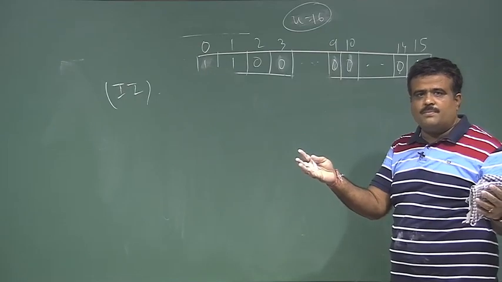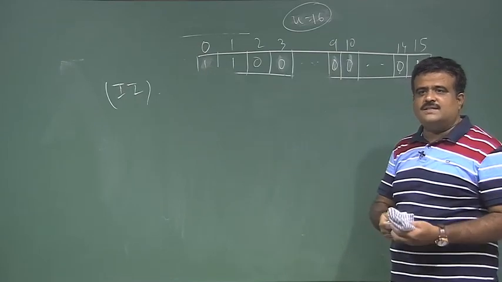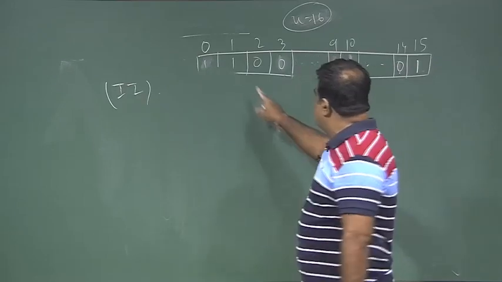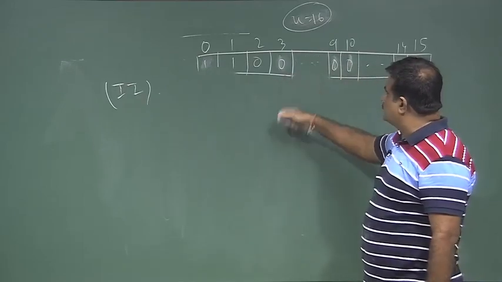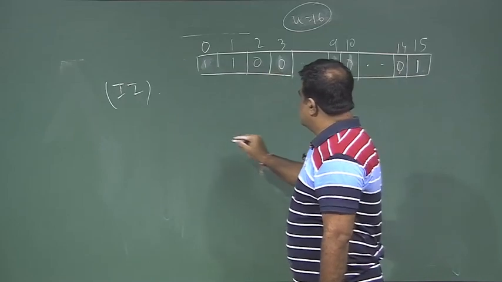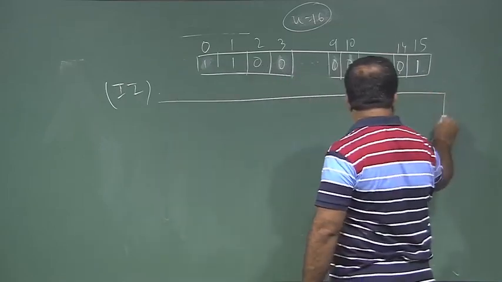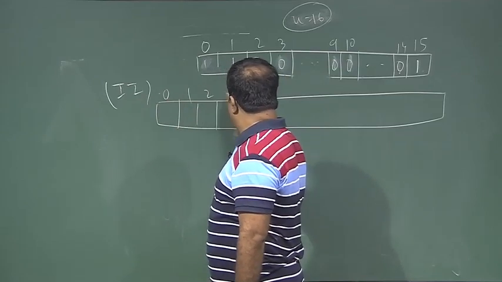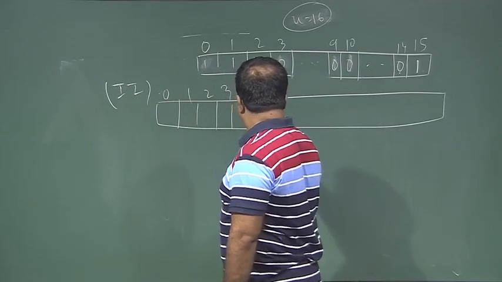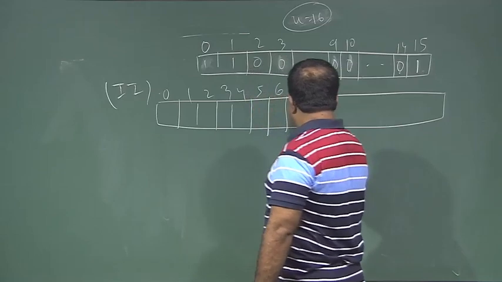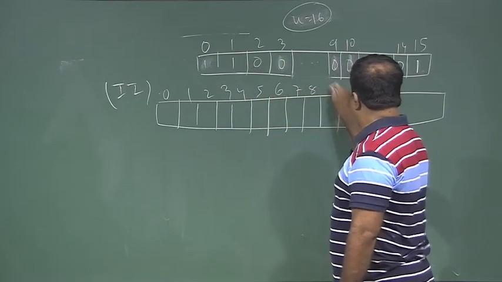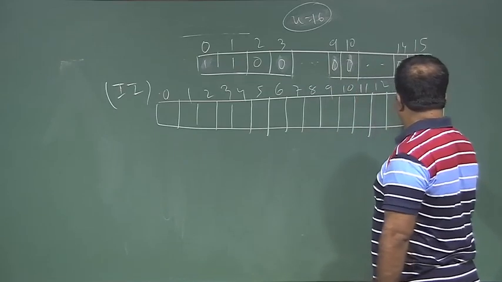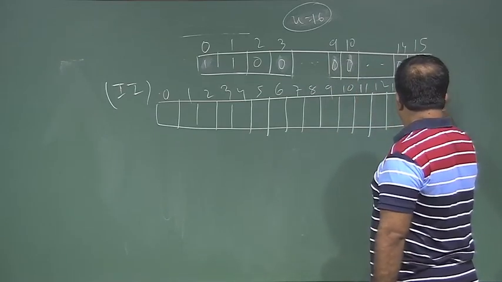If we have a 4 by 4 matrix, then it will give us 4 into 4, 16 elements. So we have to make a square. Suppose this is our array, so here the positions are 0, 1, 2, 3, 4, 5, 6, 7, 8, 9, 10, 11, 12, 13, 14, 15.